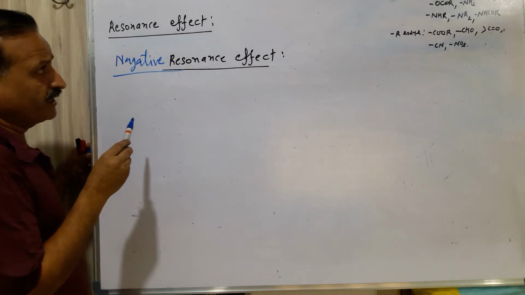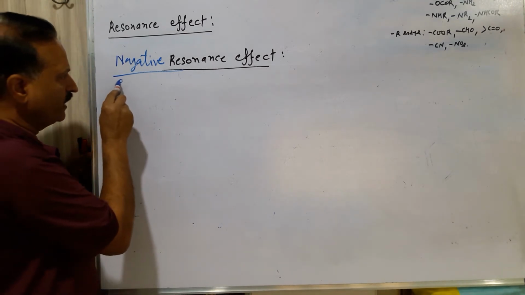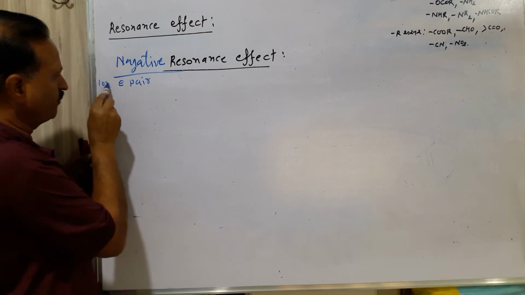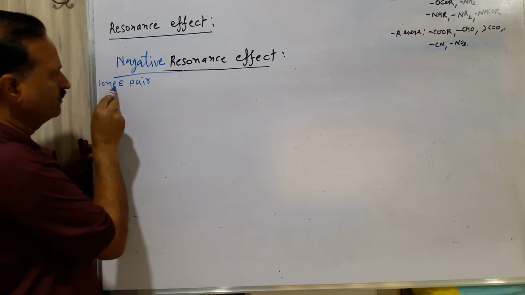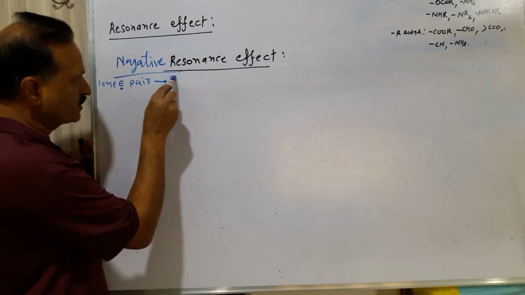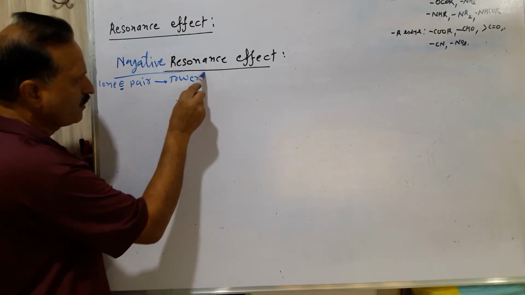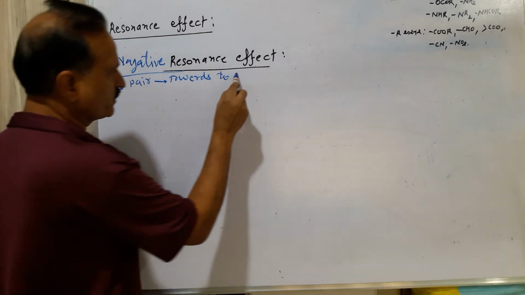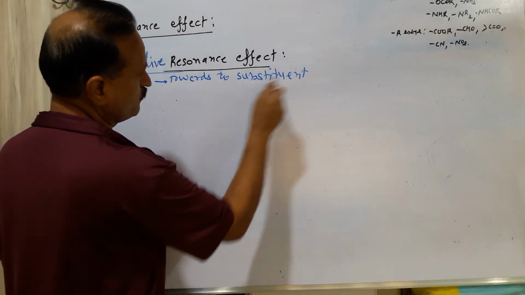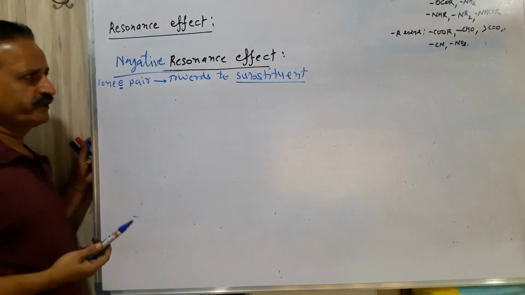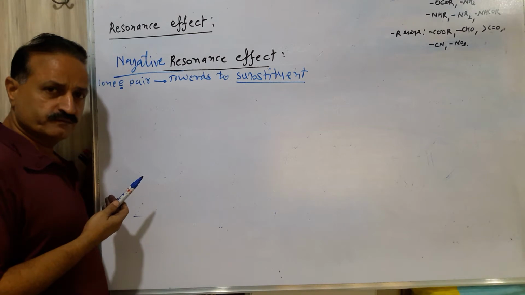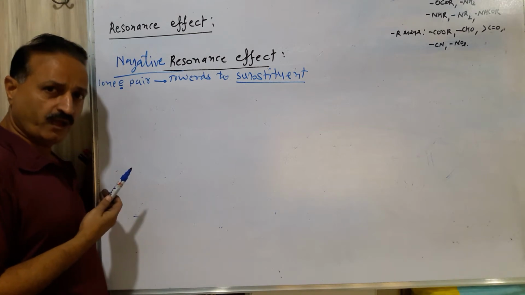In negative resonance effect, the lone electron pair goes towards the substituent. In the positive substituent conjugated system, the electron is away.